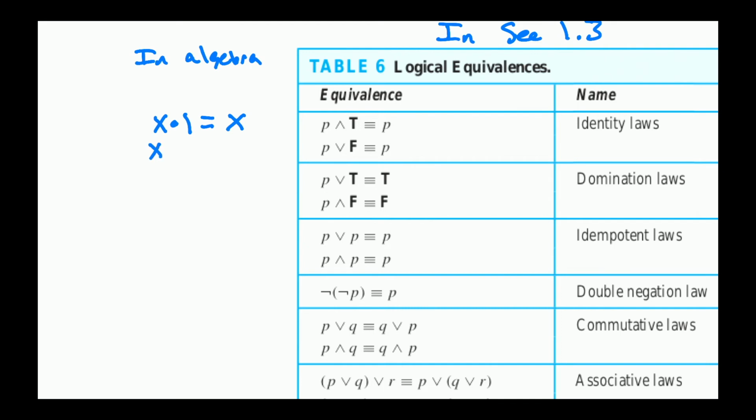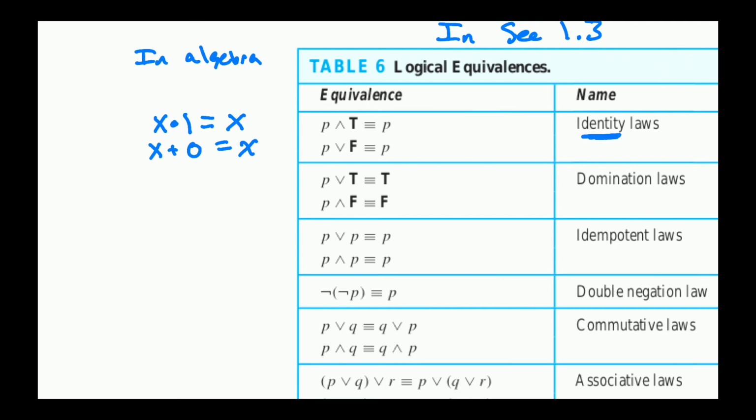Or if you do x plus 0, you get x, right? So 1 is what we call the multiplicative identity, and 0 is what we call the additive identity. That's why these are called identity laws, because the identity is the operation that leaves you with what you started with. The operation that doesn't do anything is the identity.